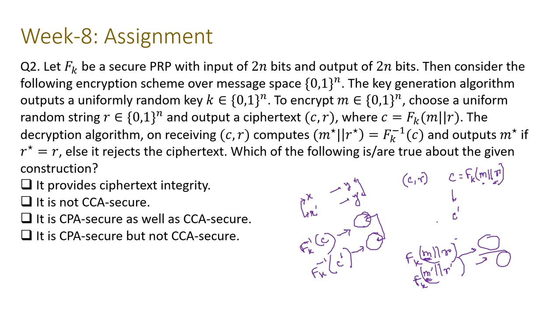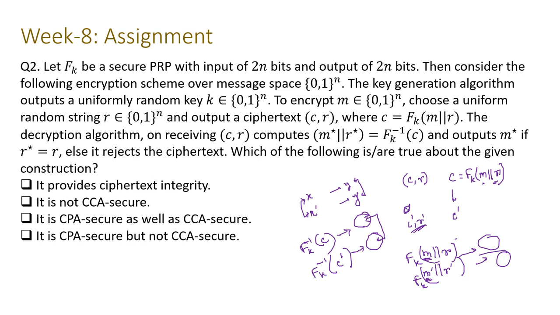And then maybe you can similarly argue the ciphertext integrity. In ciphertext integrity, you essentially want to output some other C dash, R dash such that they are valid. They have to be a valid ciphertext, and they have to decrypt to a valid message, which is unseen.